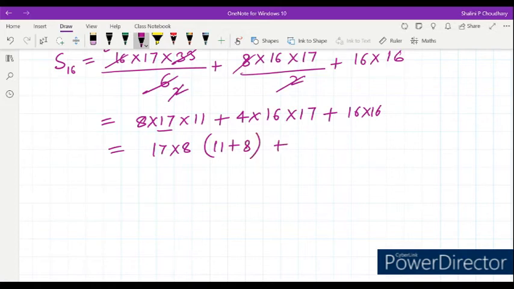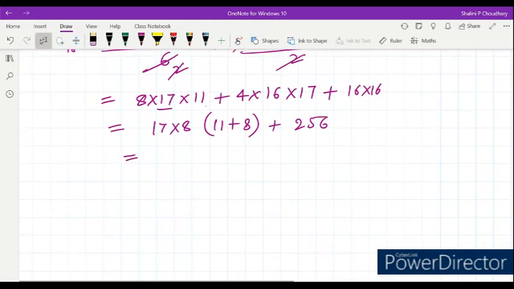From this one also we can take 16 common. From this one we can't take 17 common. So we'll write 256, 16 square will be 256.